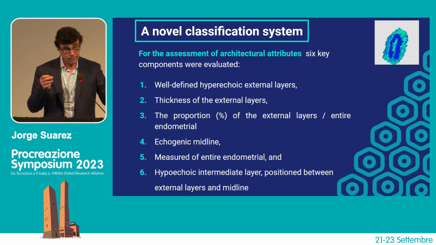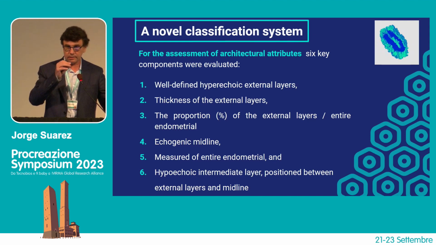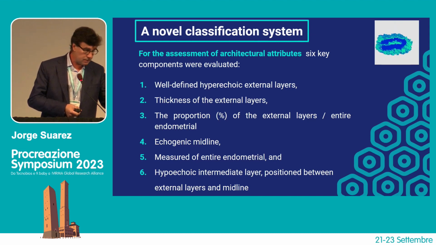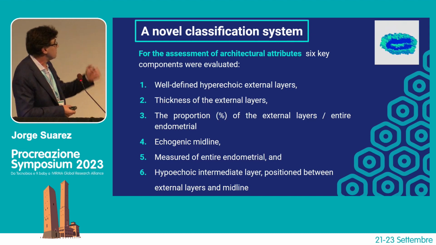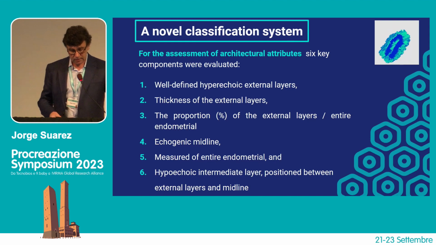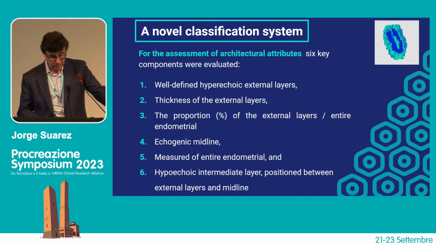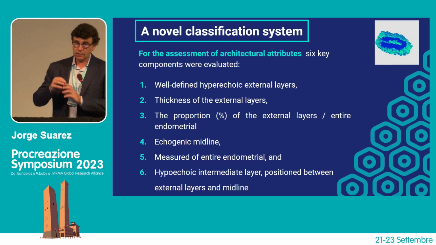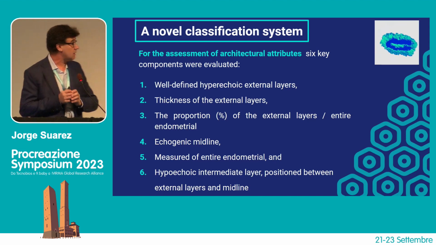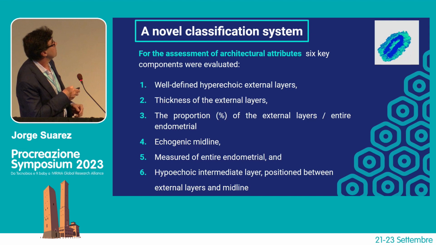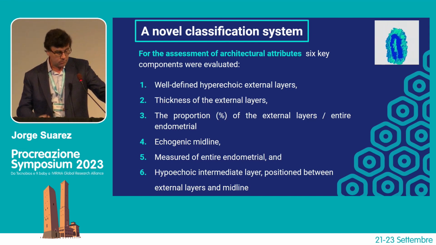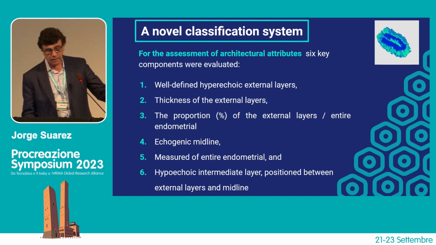The echogenic midline is the midline that appears in the middle of the body, and is brighter or wider. Then the measure of the endometrium, and the hypoechoic intermediate layer that is positioned between the external layer and the midline.